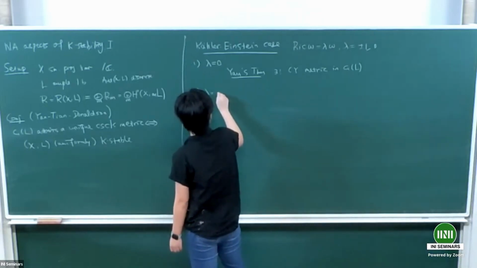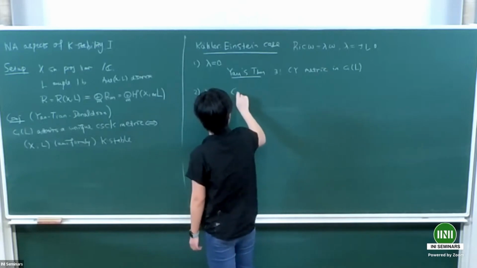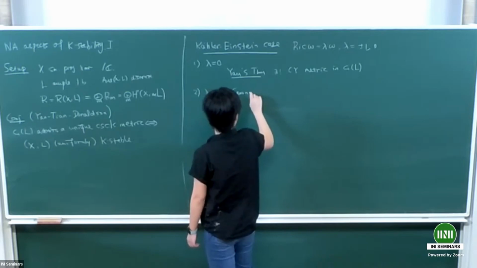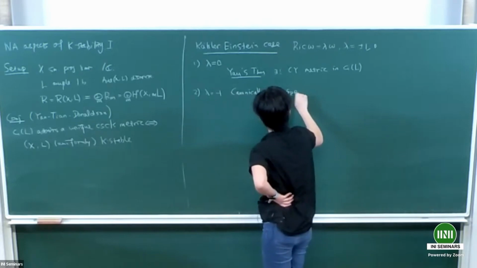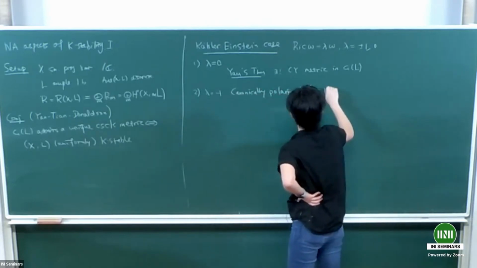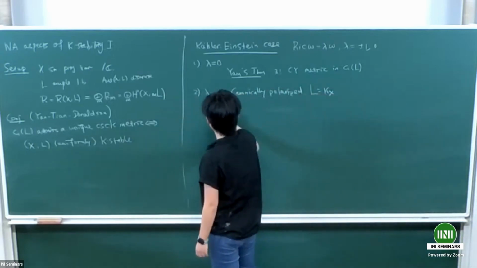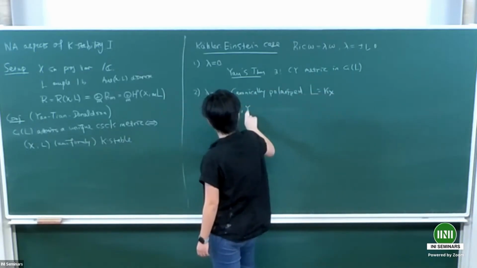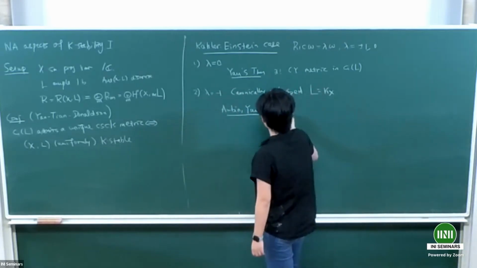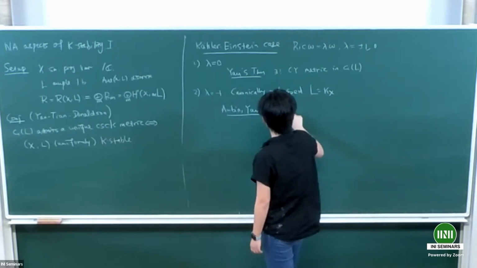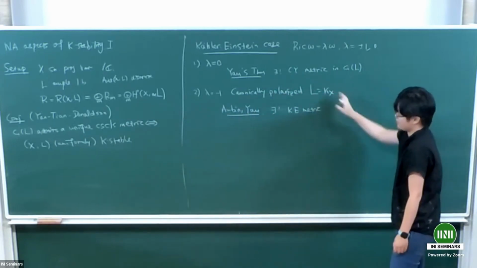So when lambda is -1, then you have the canonically polarized case. This just means that L is canonical, and Aubin and Yau have this result that, again, there's always a Kähler-Einstein metric in this c1 of K_X.